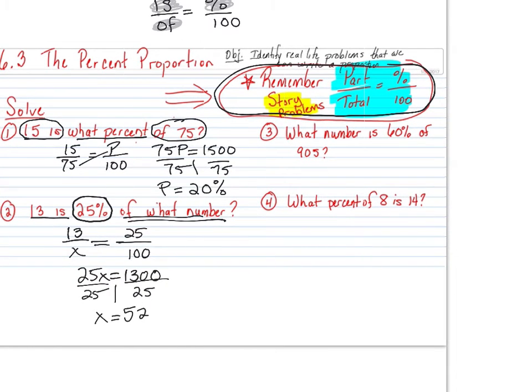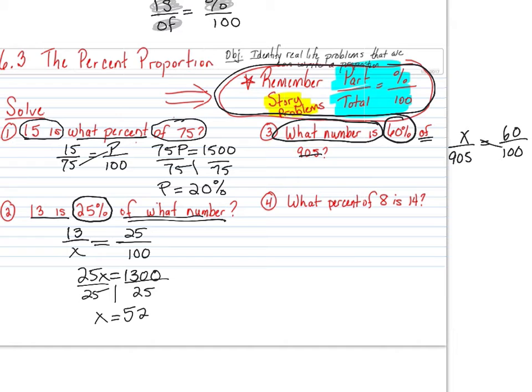Number 3, it says what number is 60% of 905? Well, look at 60% is given to you, and then it says of 905. We know it's asking for what number is. So I'm going to put my is x over my of, which is 905, equals 60 over 100.